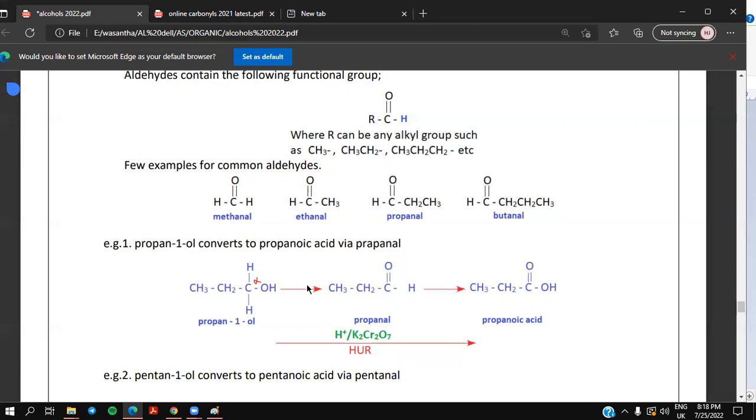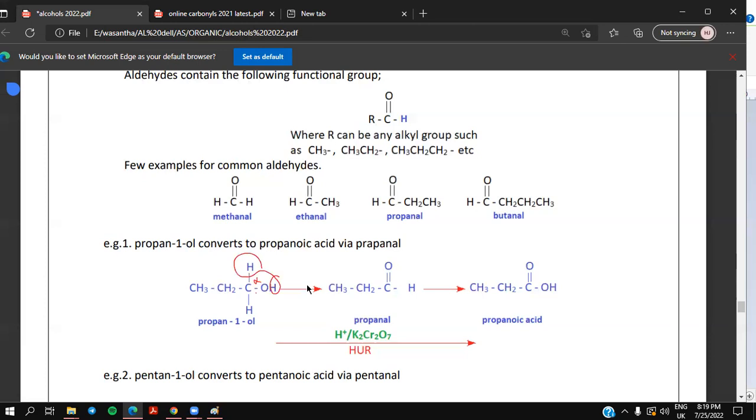We can convert this compound into an aldehyde function. What we do here is the hydrogen in OH goes with the hydrogen on the other side. So because this OH bond breaks, this oxygen makes a double bond with carbon.